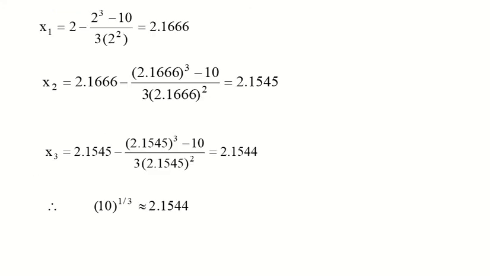Go on finding x1, x2, x3. You can observe here x2 and x3 are almost equal, so you can stop the procedure here and conclude your answer: 10 to the power 1 by 3 is 2.1544.